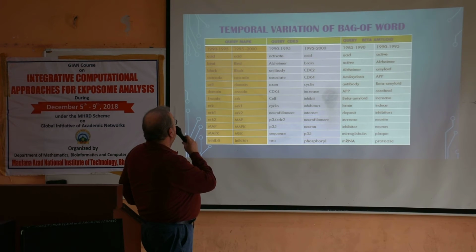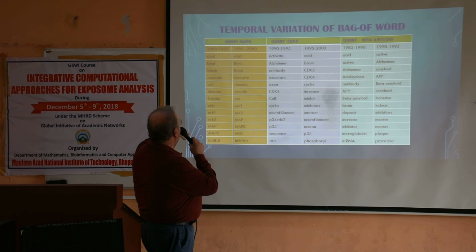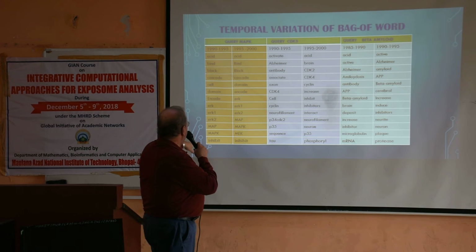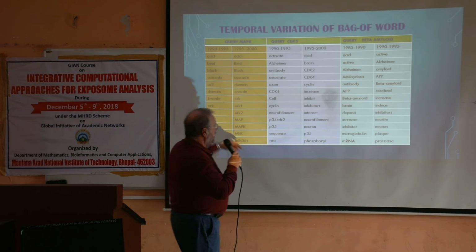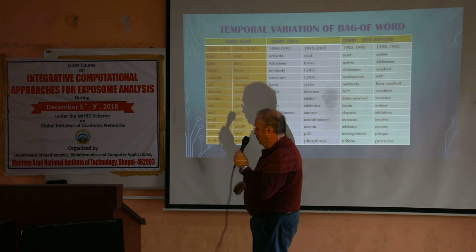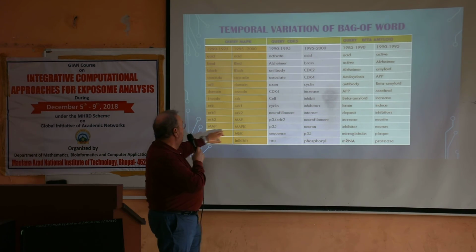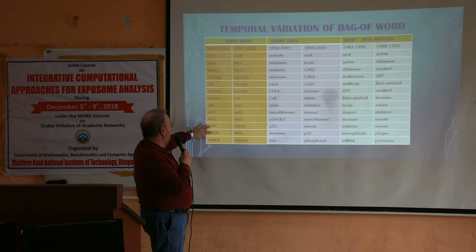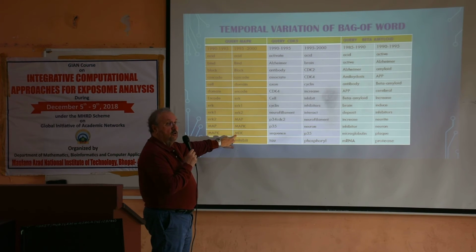You can see here that many things agree. But in any case, for instance, in the case of MAPK, in this period MAP and MAPK emerge as relevant terms. Here emerges also MAP.